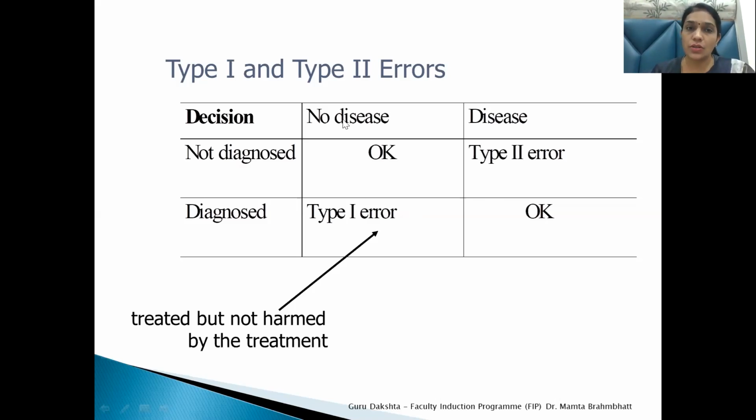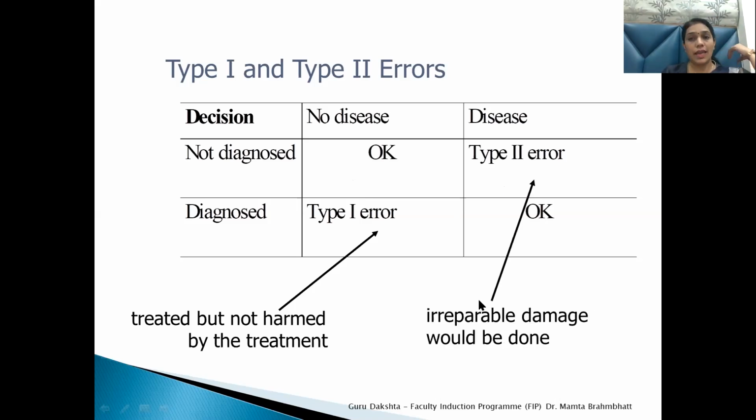So this time also the doctor has committed a mistake. There was no disease, but he thought that it could be so, and that's why he suggested going for a test or CT scan. So in both cases, the doctor has created an error, and these are type 1 and type 2 errors. In the first case, when the doctor created a type 2 error, it was a loss of life.